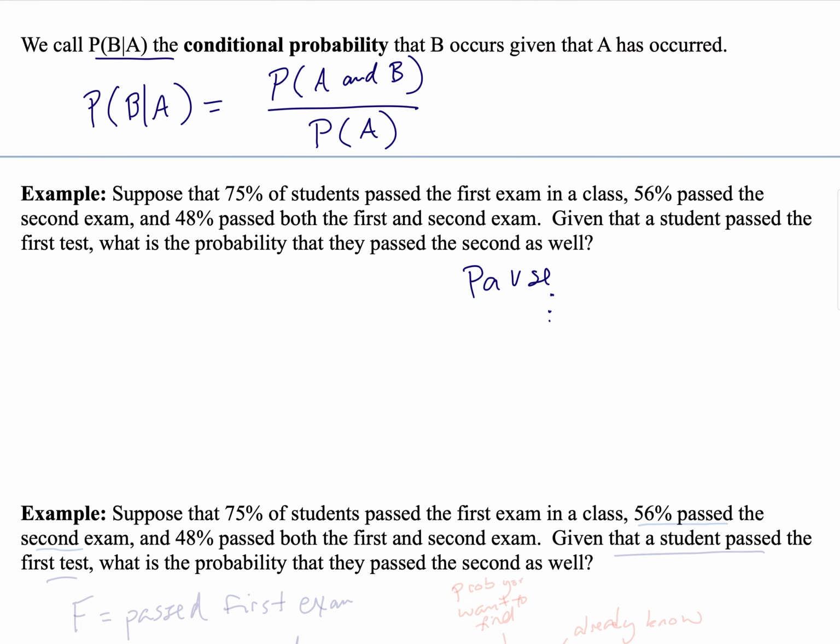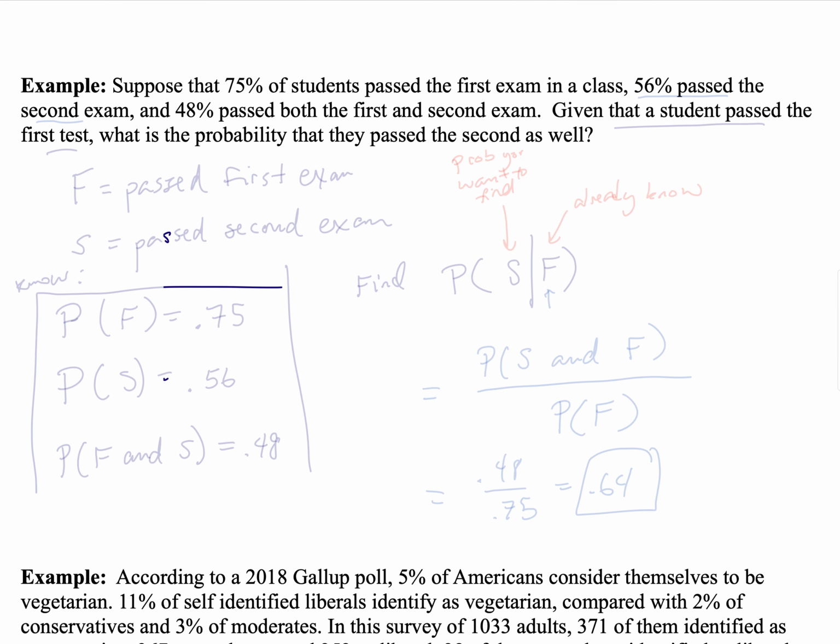Okay, let's give names to some of these events. So let's let F be passed first exam, and let's let S be passed second exam. Then we can assign some probabilities based on the problem above. The probability that F is true.